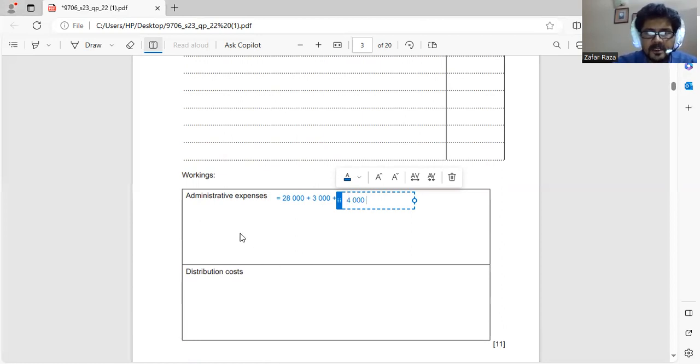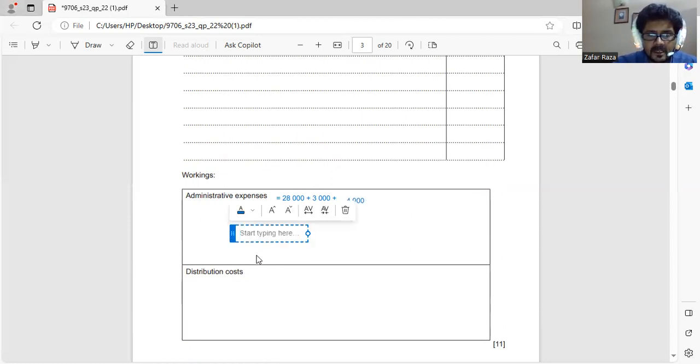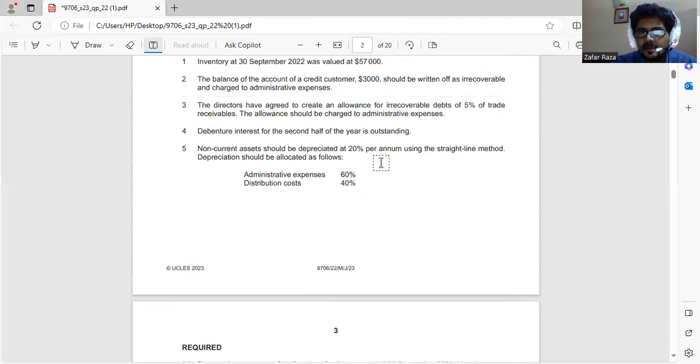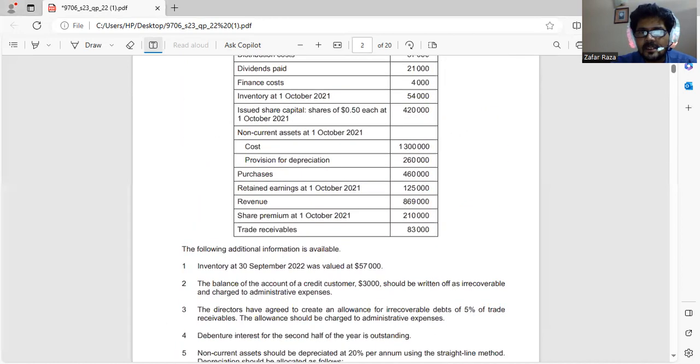Now go for depreciation. What do we have to do for depreciation? Again we go to the question and see. We have to calculate depreciation at 20% per annum using the straight line method. Now what is the value of non-current assets? The total non-current asset value is 1.3 million.